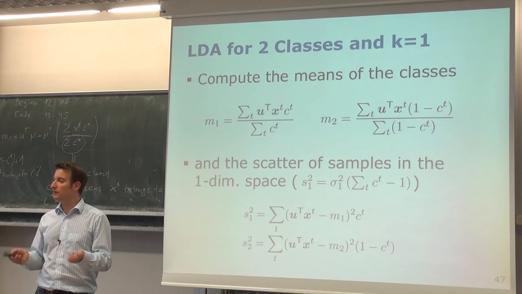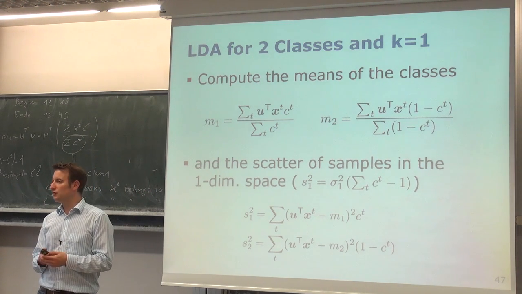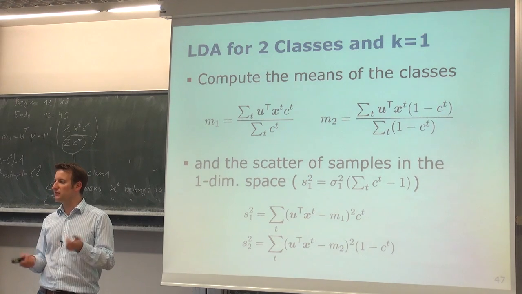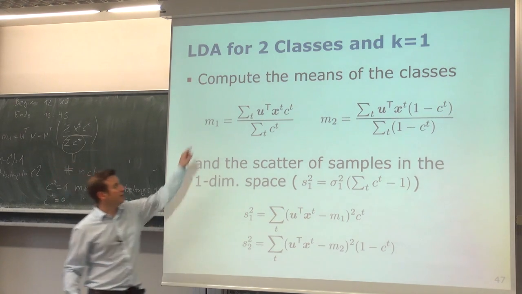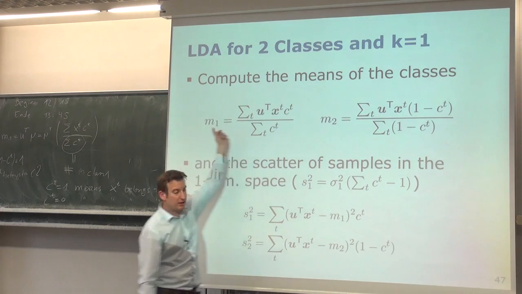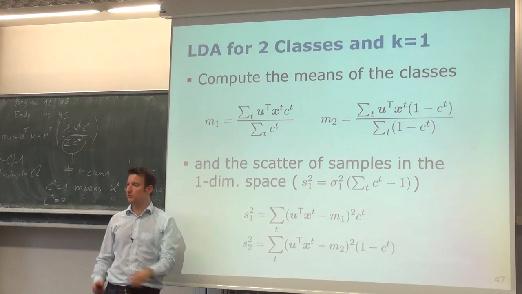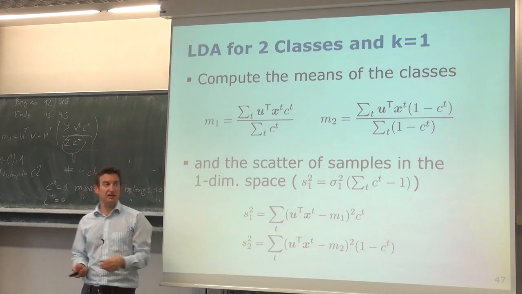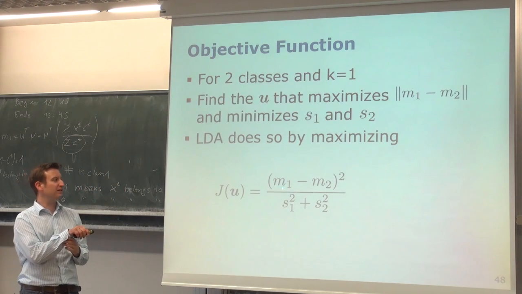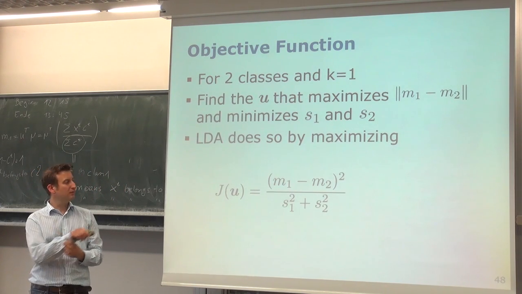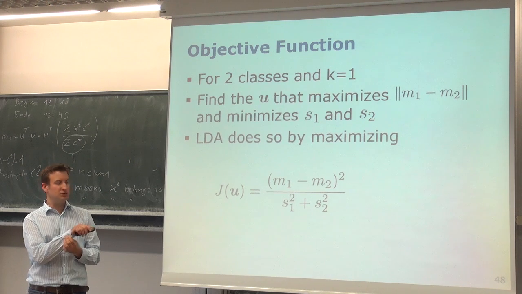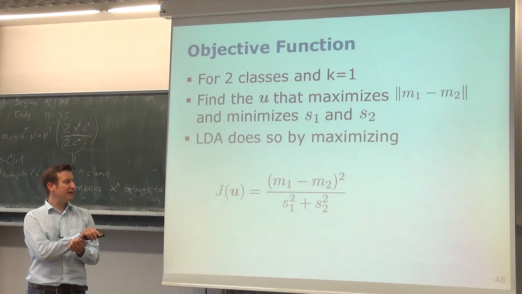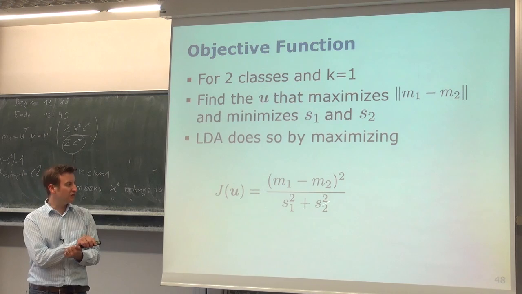Now I can very easily put that into an objective function, a function I want to maximize or minimize. The difference between those two means should be large, and those two spread values should be small. So the easiest way is to say: m1 minus m2, which should be large, divided by s1 plus s2, which should be small.